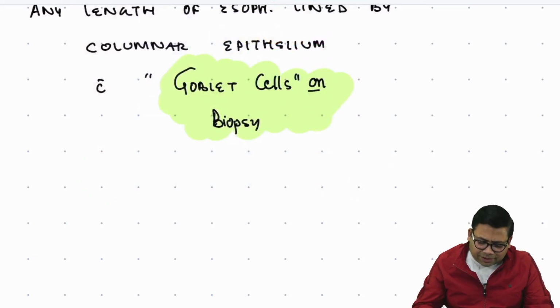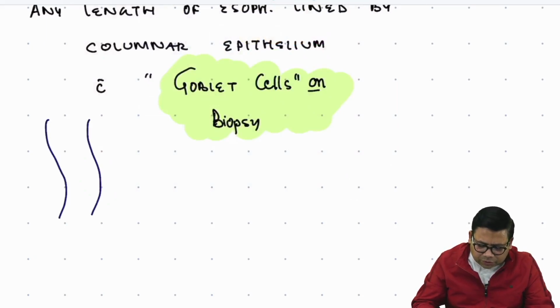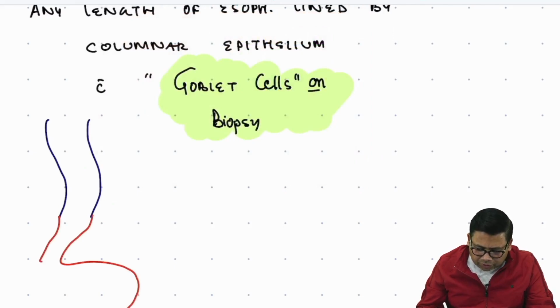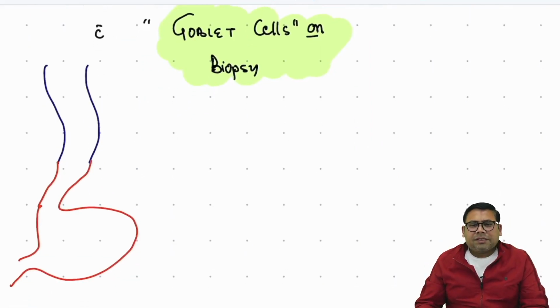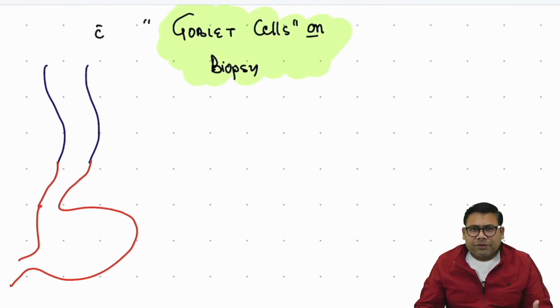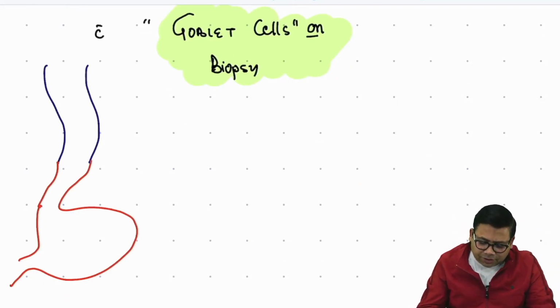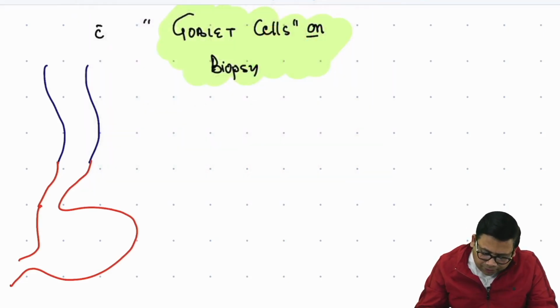Now in layman's language, you know that it is the squamous epithelium which is predominant, and then we have the columnar epithelium. So do you know there is something known as the squamo-columnar junction? Normally it is roughly 1 to 2 centimeter above the GE junction, basically the classical GE junction. But here, there is upward migration.